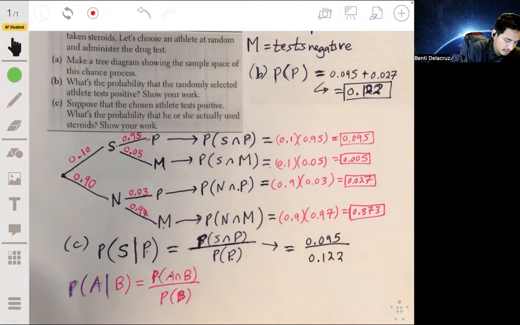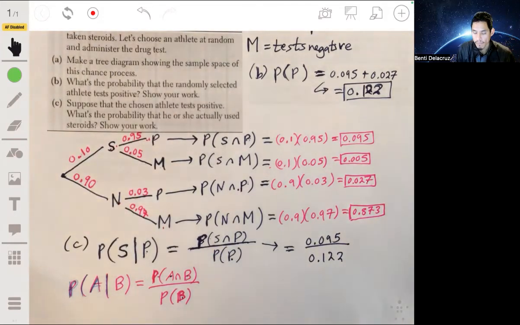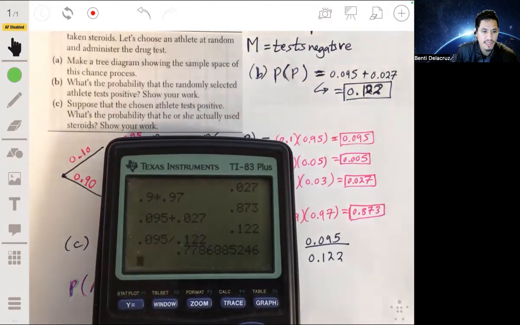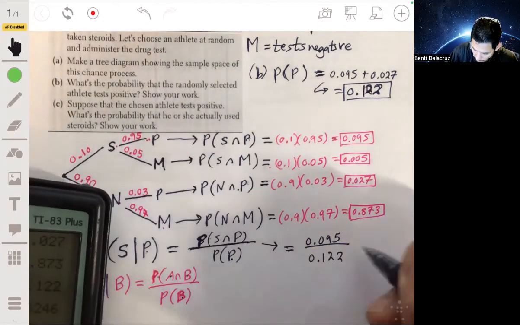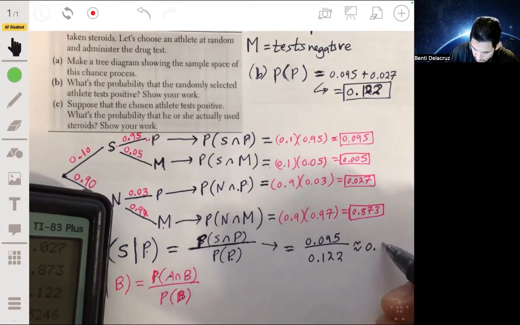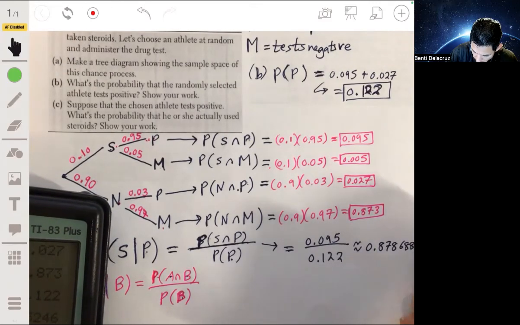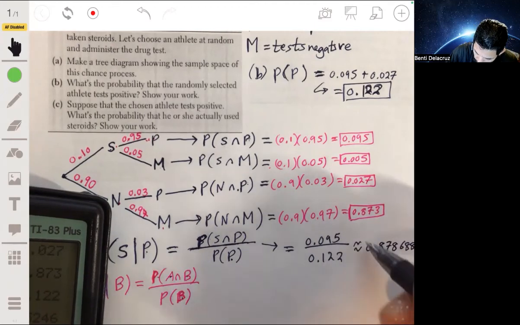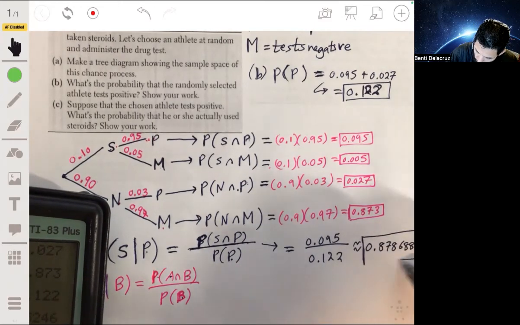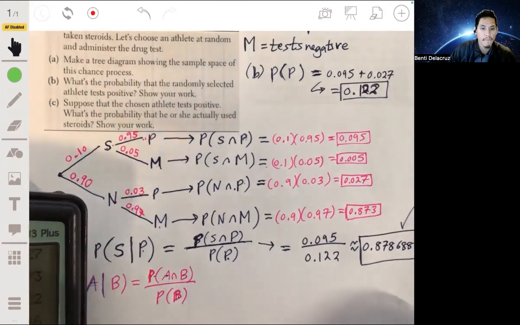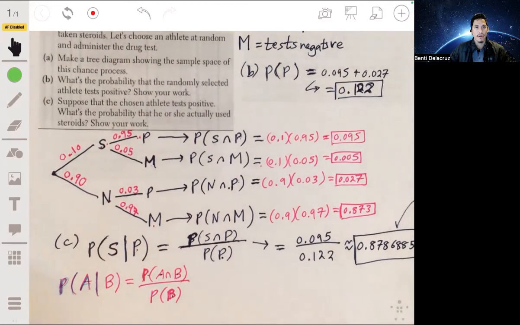So all you simply have to do is divide those, and you'll get your answer. That'll be about 0.7786. There you go. That's all there is to it.